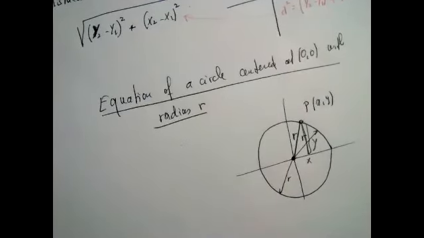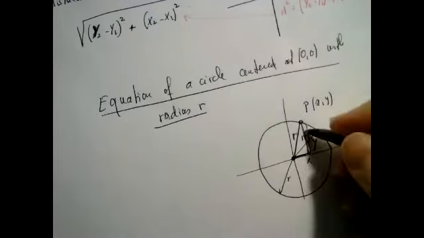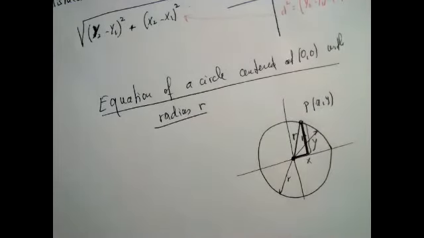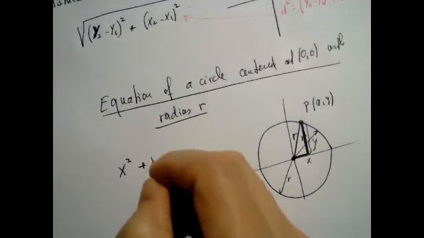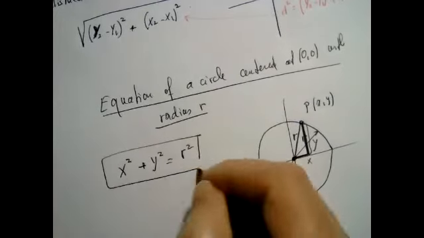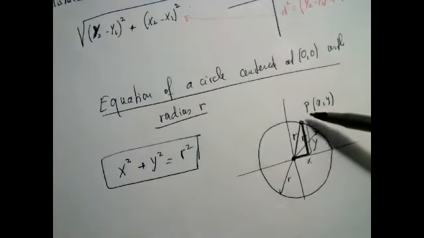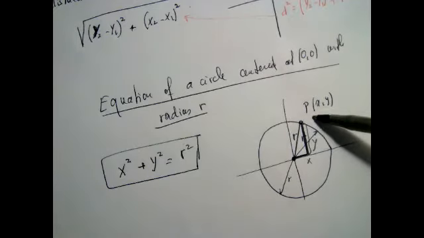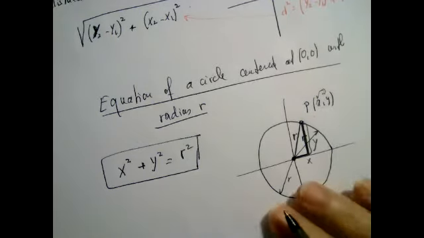So if I use Pythagorean, what's going to be the relation between x and y? x squared plus y squared is going to be equal to r squared. So the equation is x squared plus y squared equals the radius squared. That's the relationship that exists, if you take any point on the circle, between the two coordinates x and y.